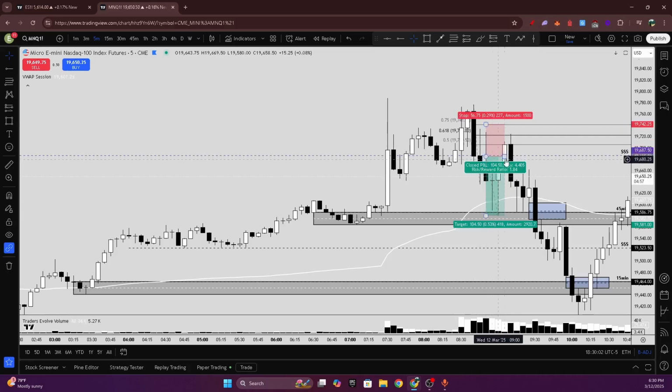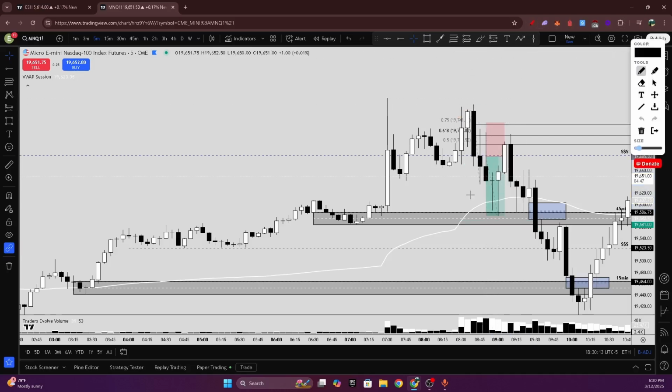That means we could have entered somewhere around this area with a stop above these two wicks, and realistically we would place our stop above the 0.75 level as well, targeting the next key macro liquidity or potentially the 50% of our zone.